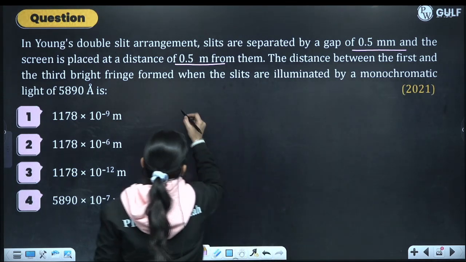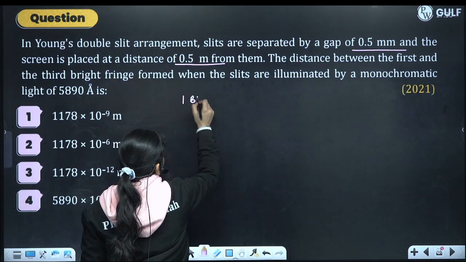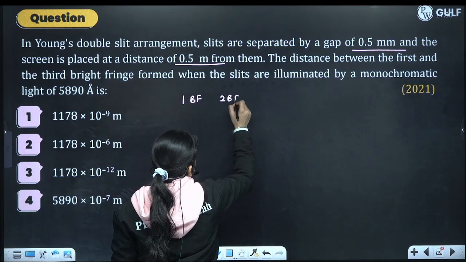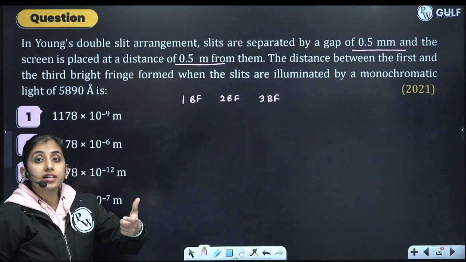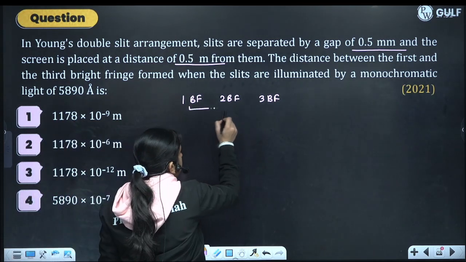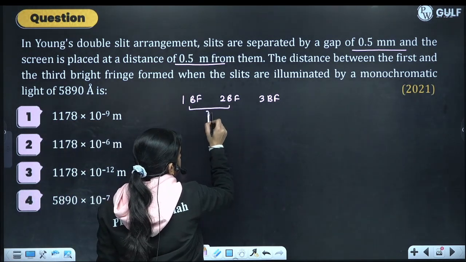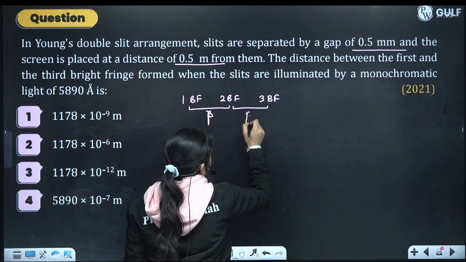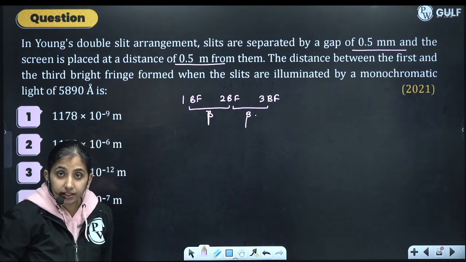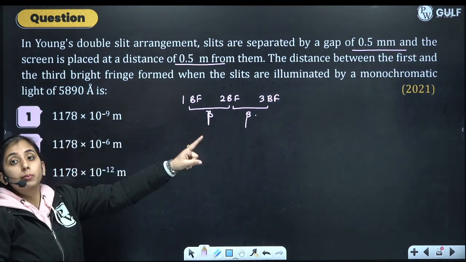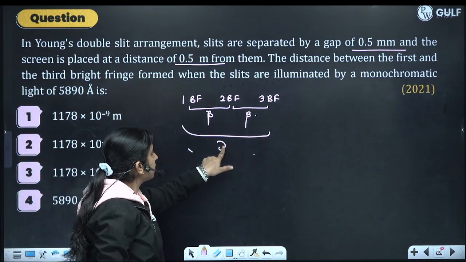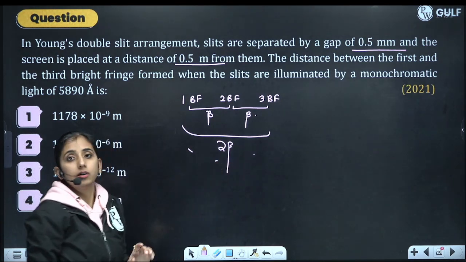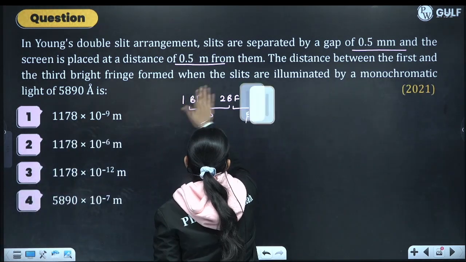Now see, first bright fringe, second bright fringe and third bright fringe. What is the difference between two successive bright fringes? Distance between two successive bright fringes is beta. The distance between the first and third bright fringe will be 2 beta.